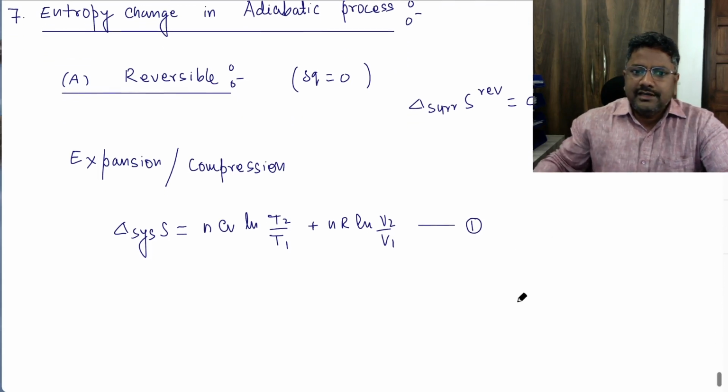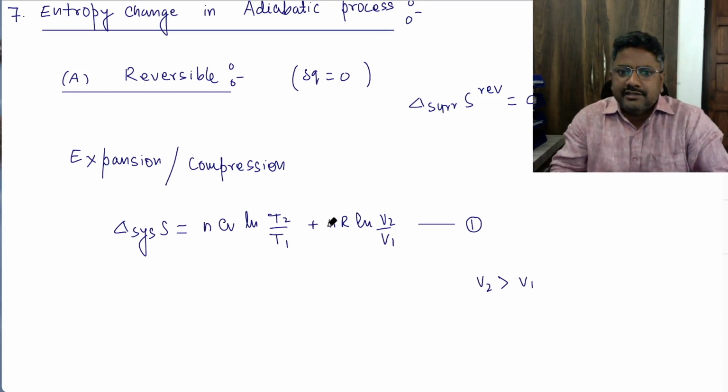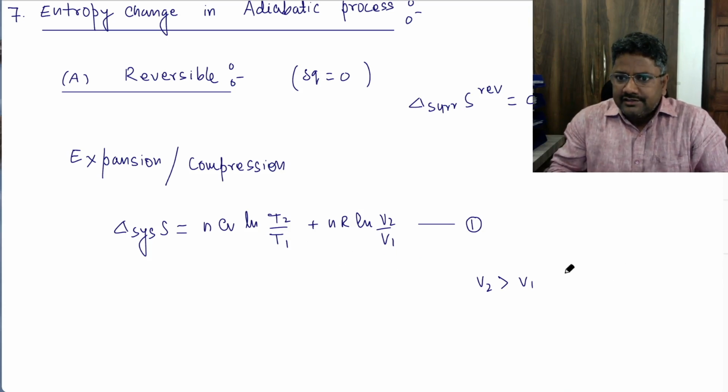If you analyze this equation, V2 is greater than V1, so due to volume change, entropy is increasing. Means delta S increases, or you can say delta S is greater than 0.